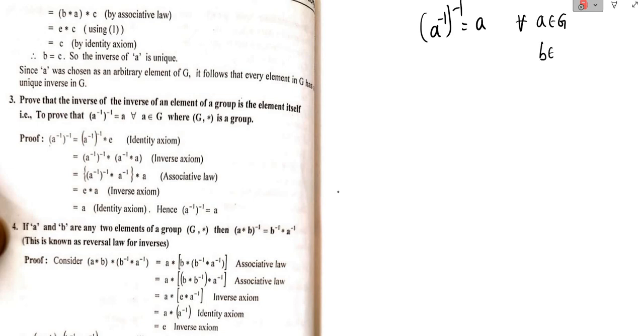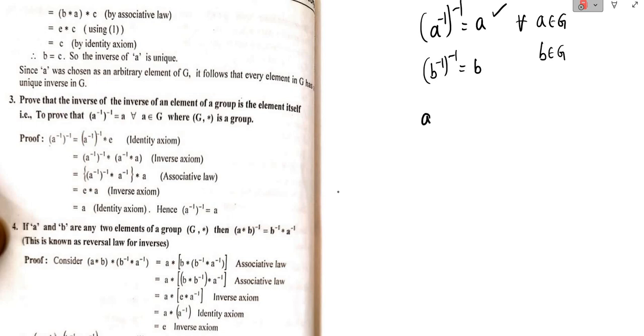If we take b belonging to G, (b inverse) inverse equals b. For the remaining elements also, this is true. Now we want to prove this.